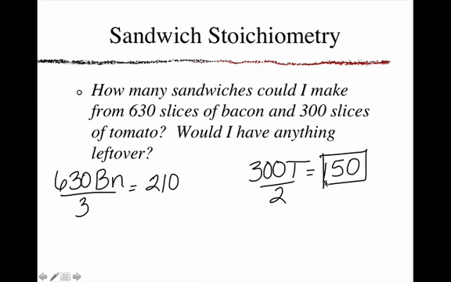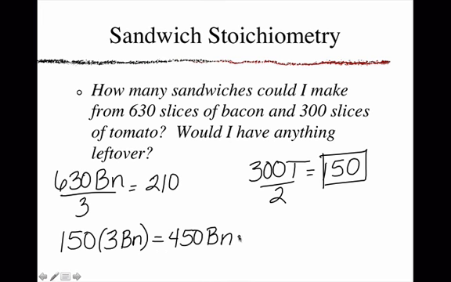Well, the tomato's going to get completely used up. I'm not going to have anything left over. I am, however, going to have some bacon left over. And if I want to figure out how much I'm going to have left over, I can make 150 sandwiches because that's what it said with my tomato. And I know into each of those sandwiches I'm going to put 3 bacons. So 150 times 3 is 450.